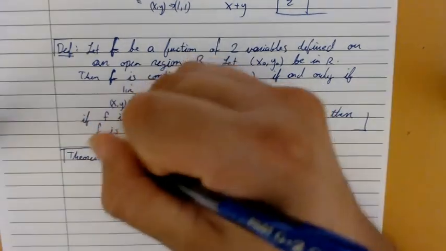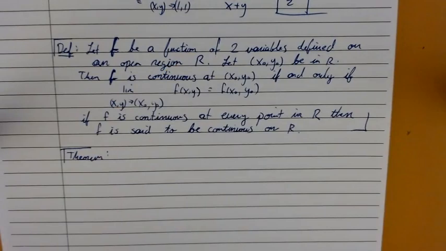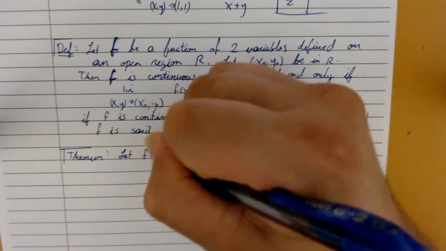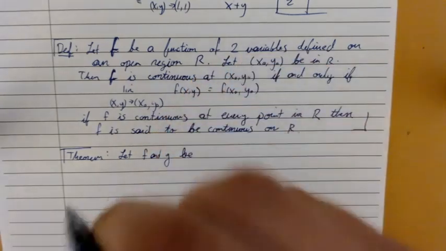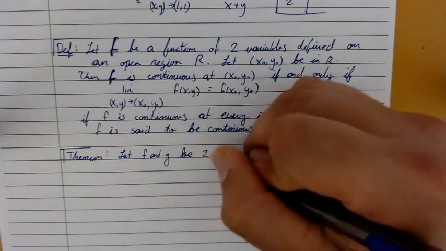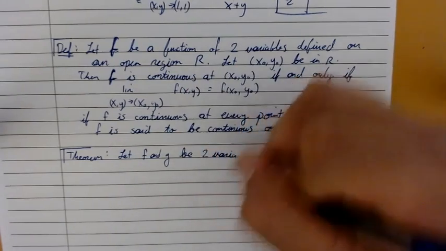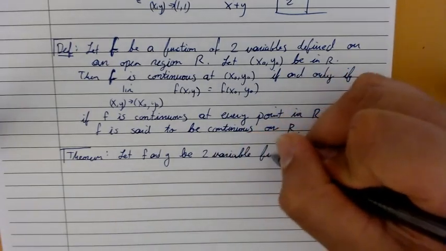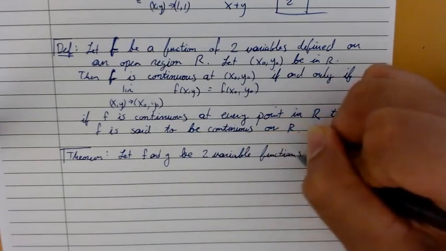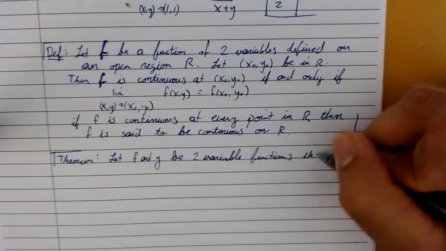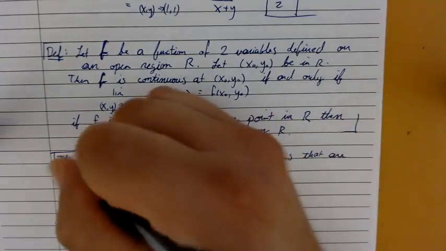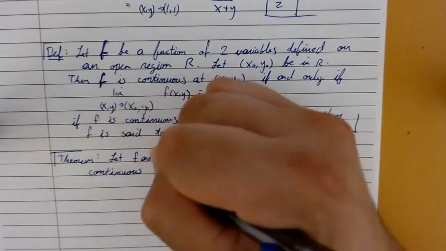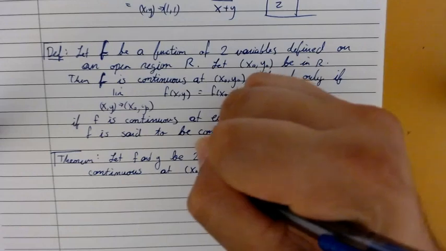So let's begin with a couple of functions of two variables and a scalar. Let f and g be two variable functions, so f of x, y and g of x, y, that are continuous at some point x naught, y naught.